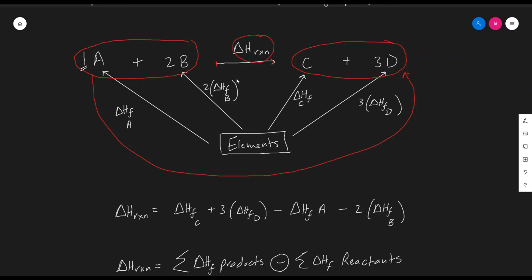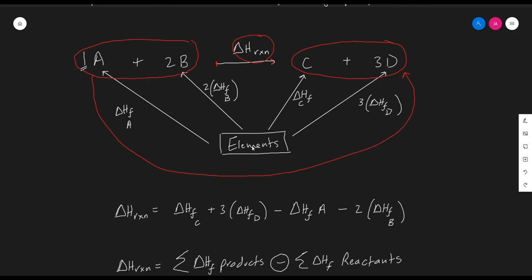On the other hand, when constructing an energy cycle for a reaction using enthalpy change of combustion values, the arrows will always be pointing downwards according to the definition, which states that the enthalpy change of combustion is the enthalpy change when 1 mole of a substance undergoes complete combustion to form CO2 and H2O.